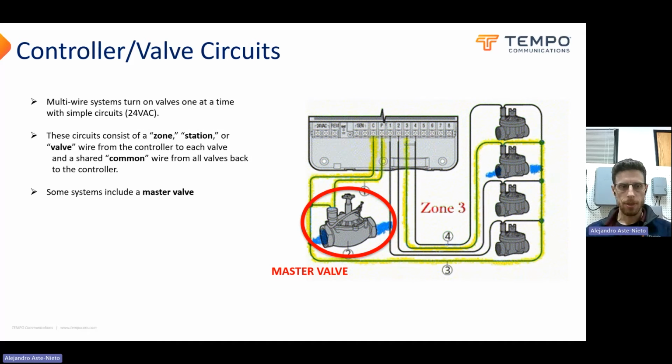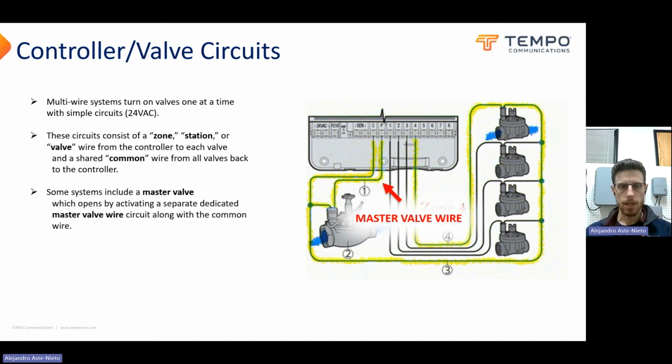These have their own little dedicated circuits that will be energized at the same time as these zone circuits. And these two will share the common wire. There's really no reason to add wires if you can just share the common wire for the master valve also.